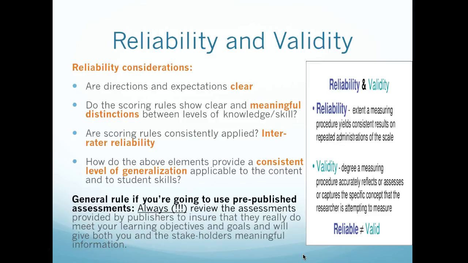In other words, how can you avoid favoritism, bias, and so forth? How do the above elements provide a consistent level of generalization applicable to the content and to student skills? So if I get this information, does that really show me how it applies to what the student has learned and their skills in using it and understanding it?